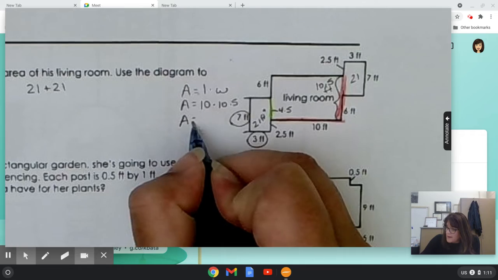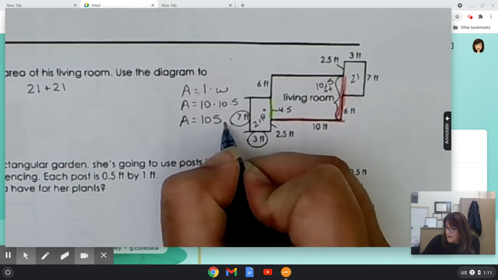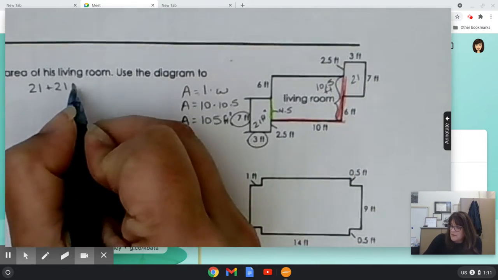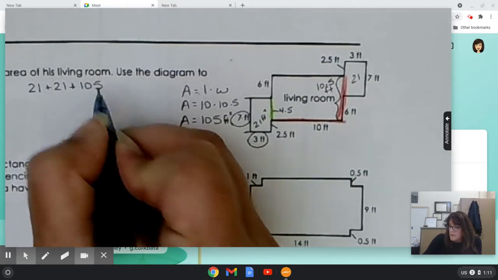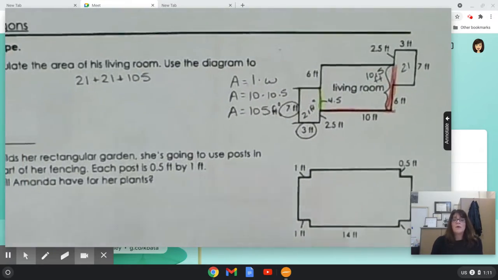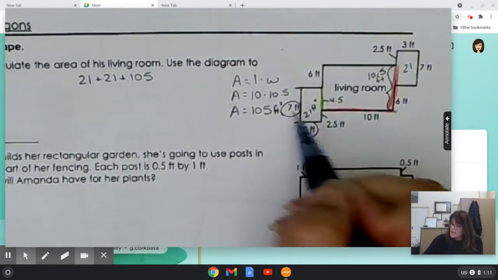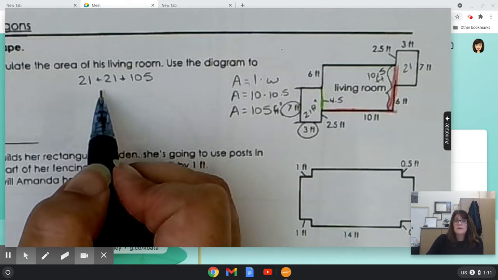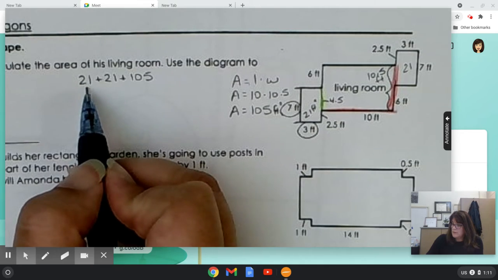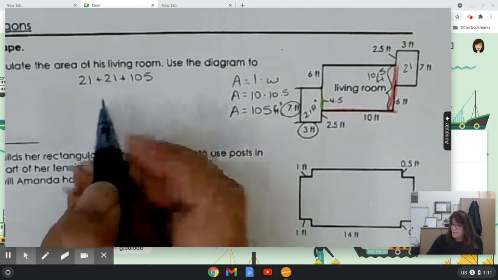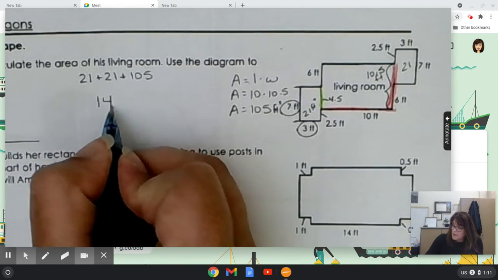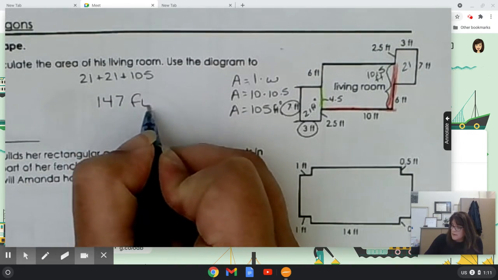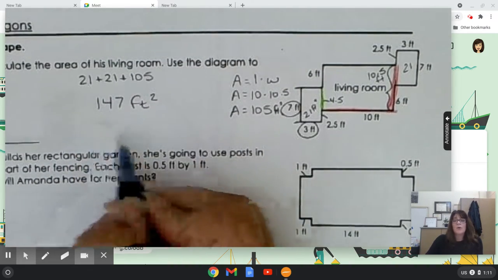So your area is going to be 105 square feet. So now I have the 3 sections. I can add them together, and I would know that this is 147 square feet in total.